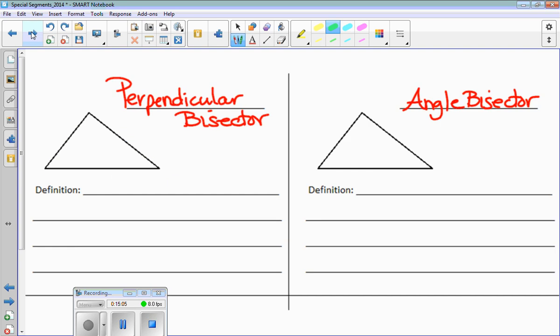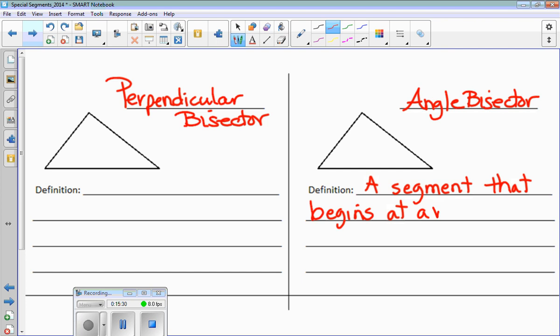So those were these. Now, angle bisector, we know what it is. We know that an angle bisector is a segment that starts at a vertex and does what? Begins at a vertex and bisects, or cuts in half, what? The angle that we're going through.